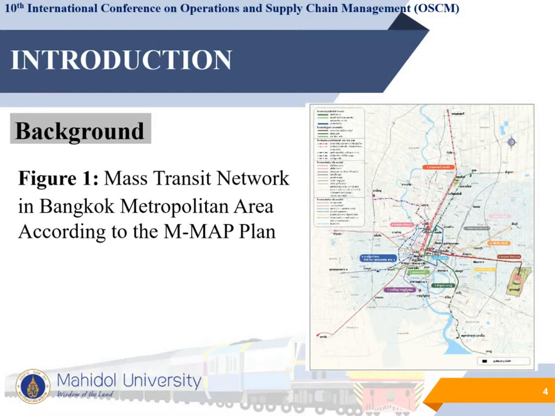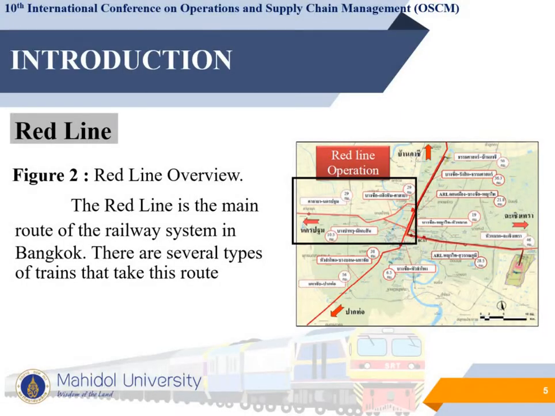The Red Line railway is a rail link between Bangkok and suburban areas around Bangkok. Figure 2 shows the Red Line route that consists of the north to south line and east to west line.